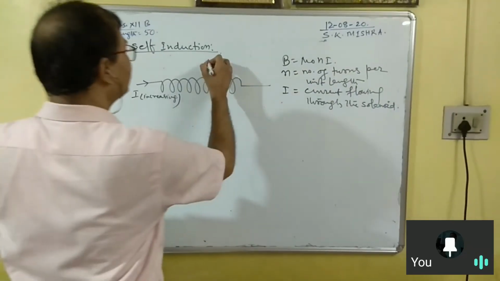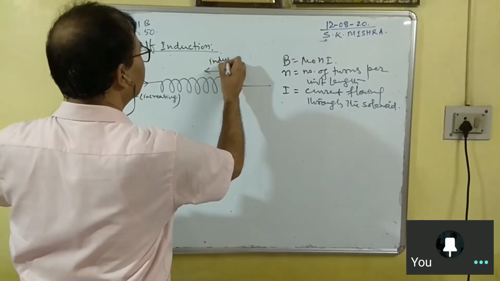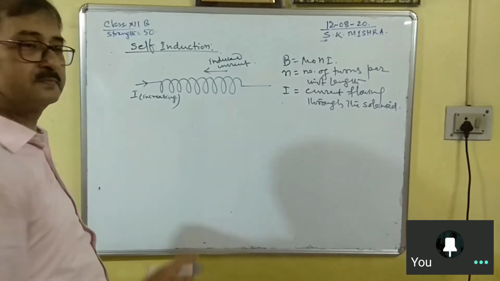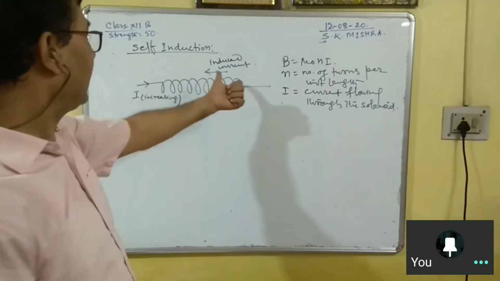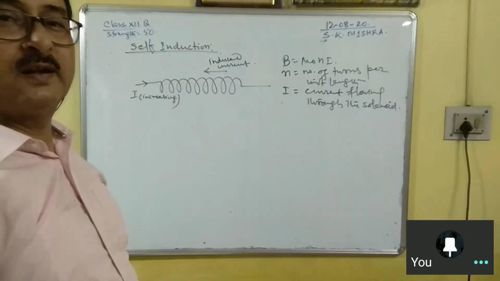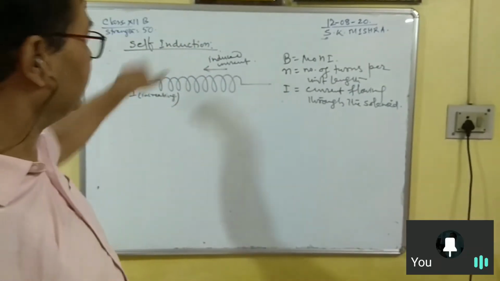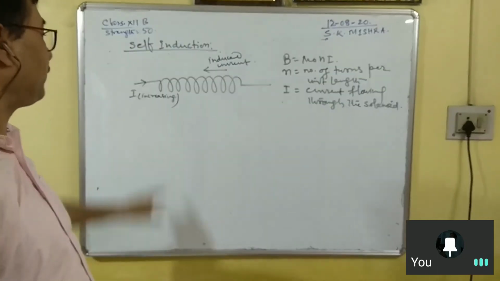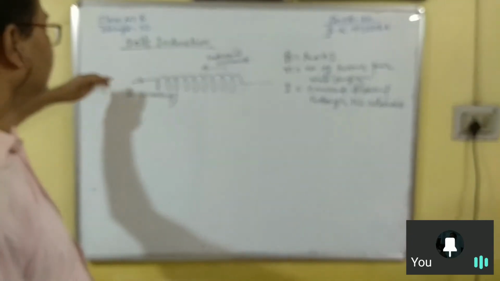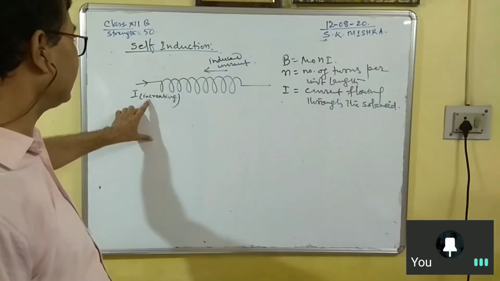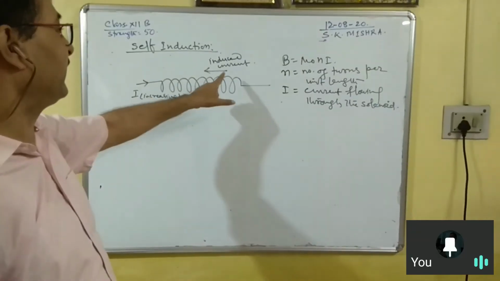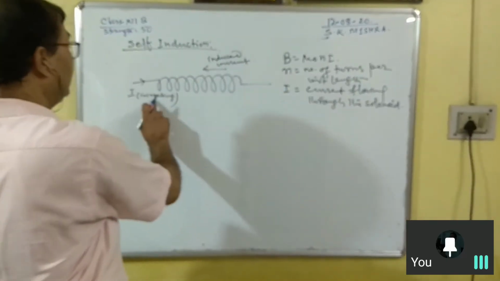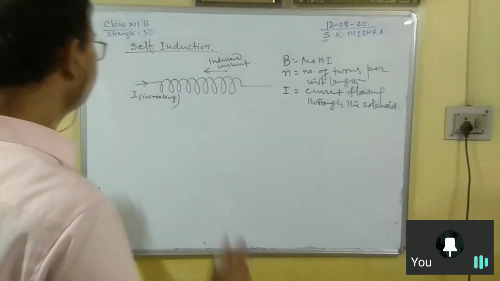So this should be the direction of induced current in the circuit. This induced current will always oppose the reason. The reason is increasing I. So how will you decrease this I? When the induced current is opposite to the flow of this current, then only it will be opposed.